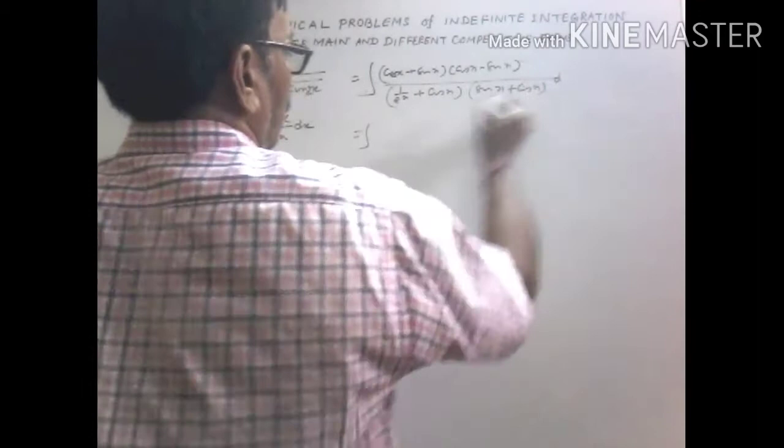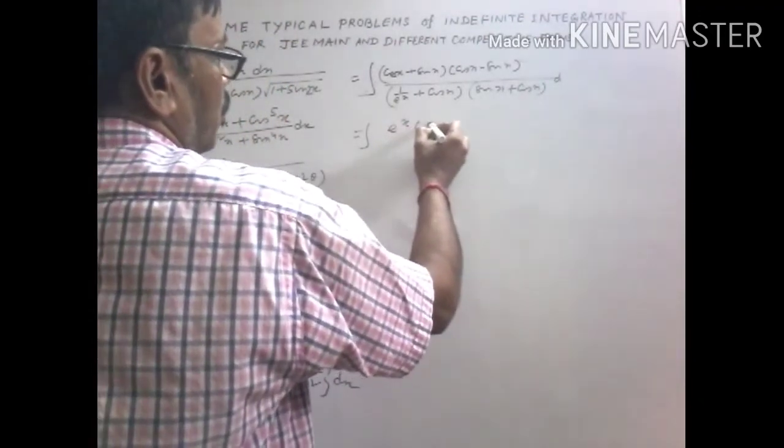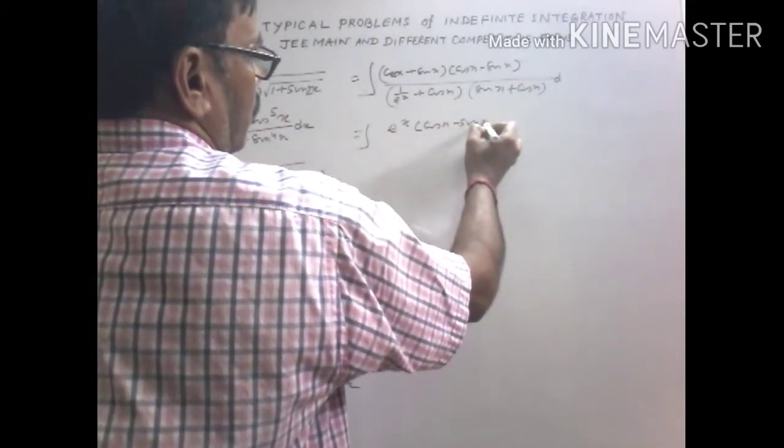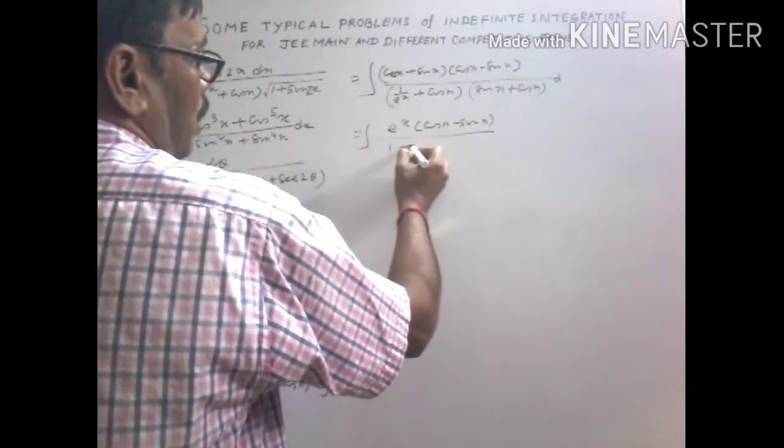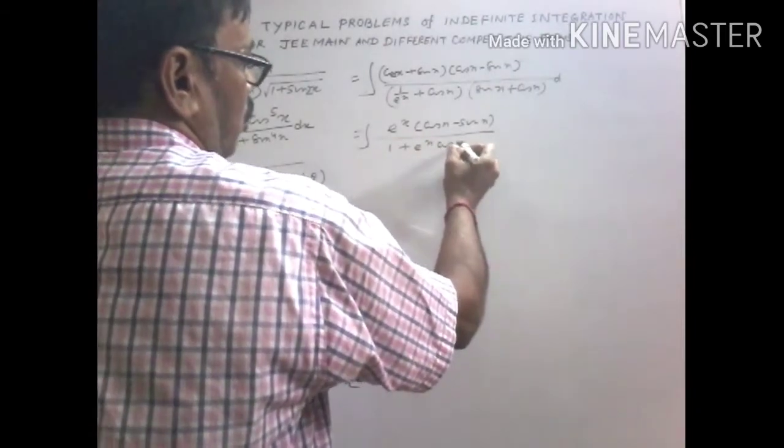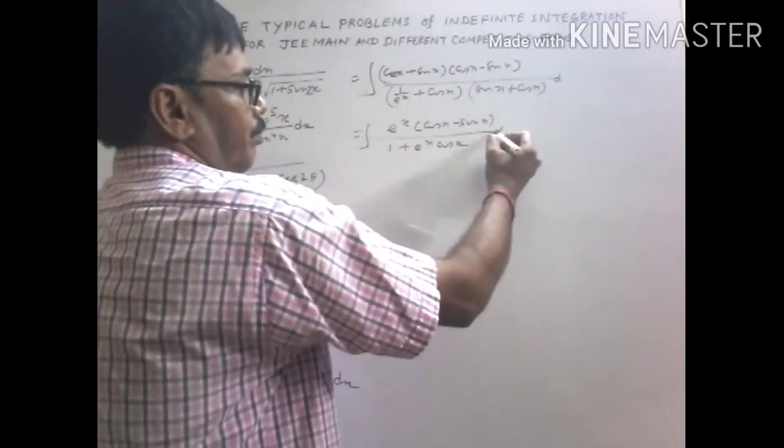So finally what we are getting, you know, e to the power x (cos x minus sin x), and this is 1 plus e to the power x cos x.